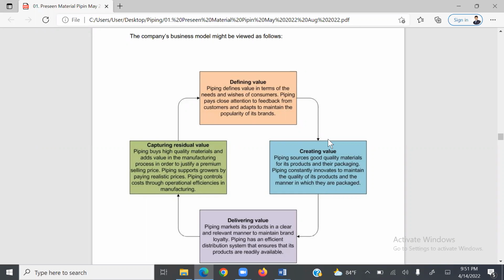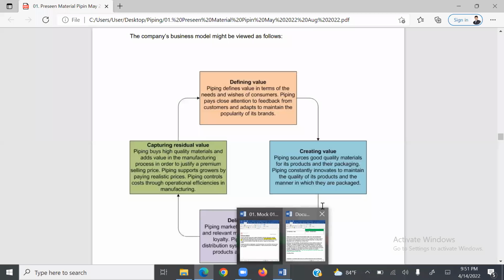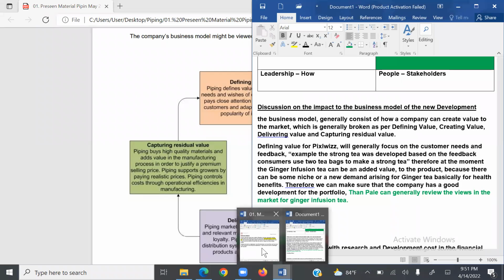But when it comes to creating value, you need to make sure that you are creating the product with the standard of Piping's original quality. So I will write down here the next one, creating value. I'll specifically write it so that it is very clear.